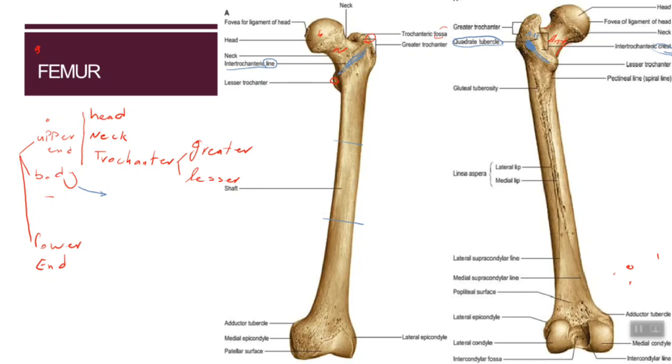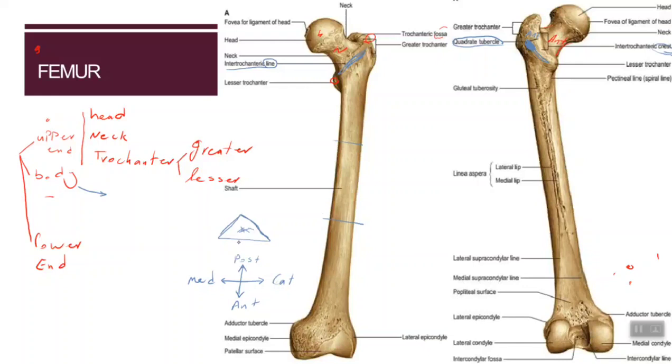In the middle third of the femur, if I make a cross section here, for example, this is a cross section of the femur. This is the anterior, this is the posterior, the lateral and medial.